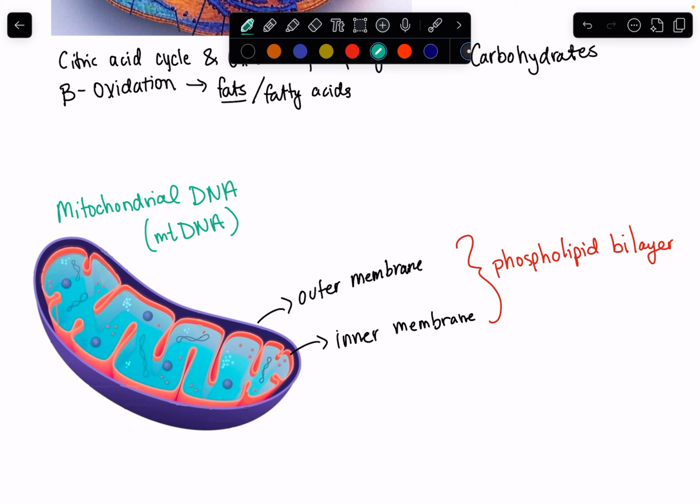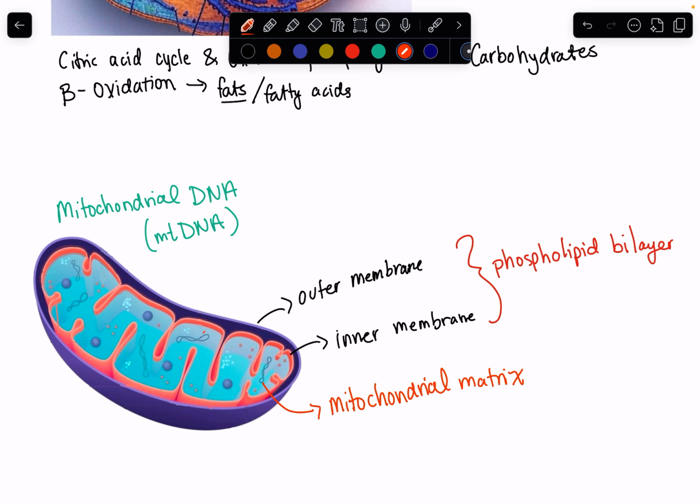Now, we have one other part of the mitochondria that we want to cover, and that's this inside portion. The inside portion that we see that is all blue, where we have various different components within there, is known as the mitochondrial matrix.